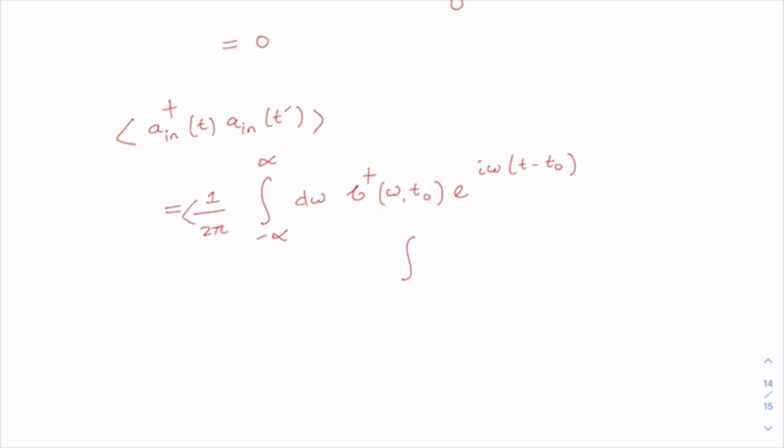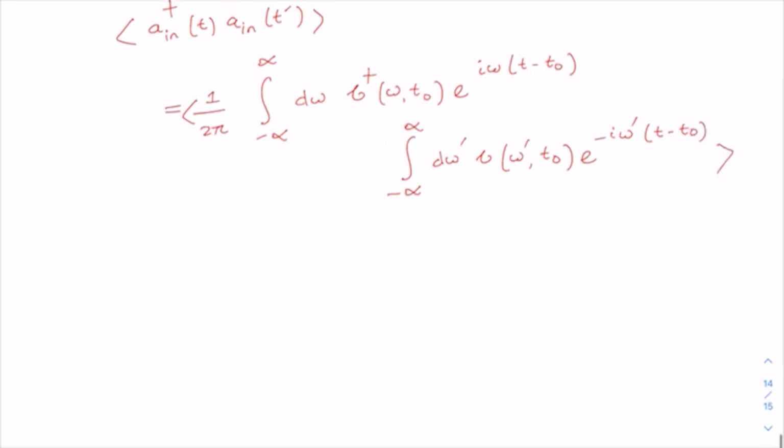I have to take the expectation value. So from the other one I have minus infinity to plus infinity d omega dash b omega dash t0 e to the power minus i omega dash t minus t0.